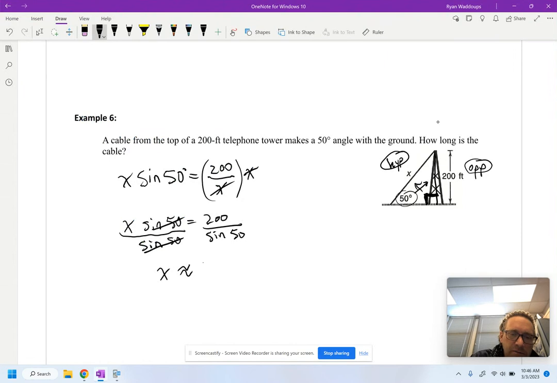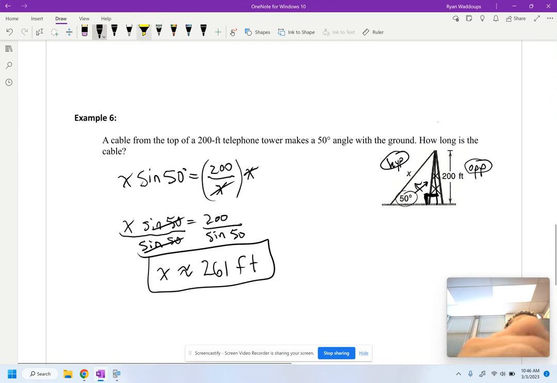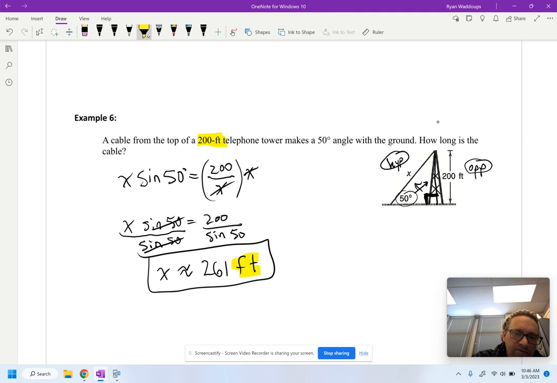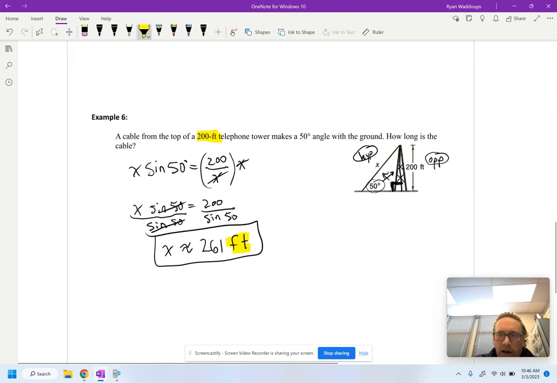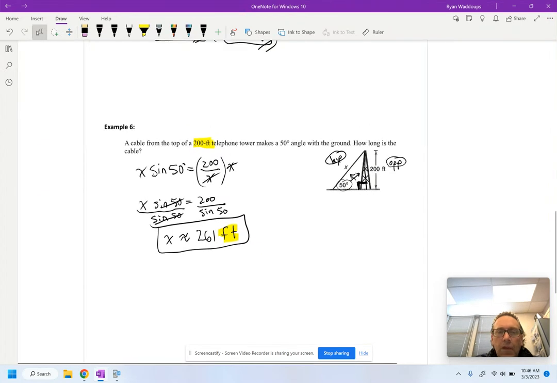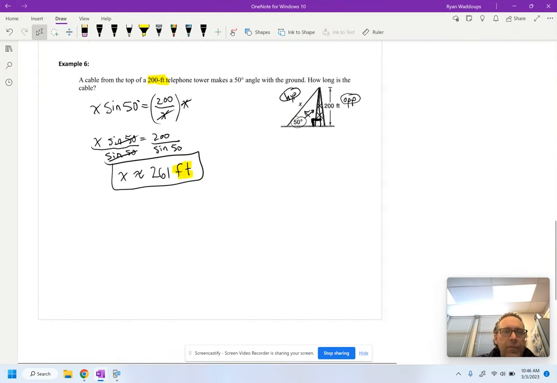So this is approximately 261 feet. Because the unit is in feet, this is also in feet. The side lengths all have the same units. Okay, and that's it. Practice, practice, practice. You got this.